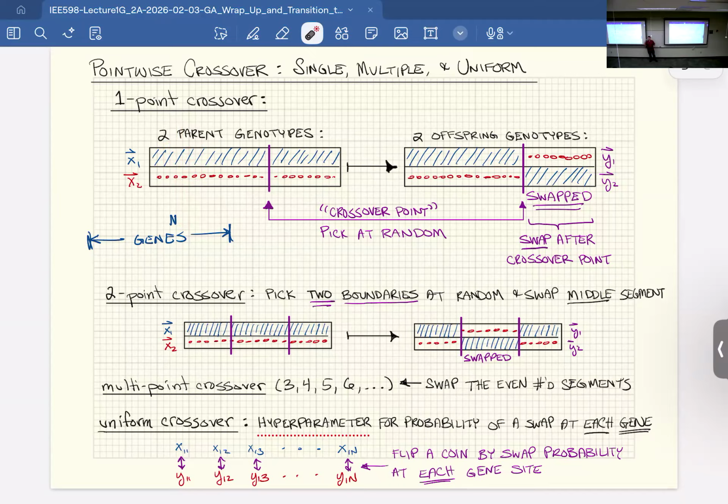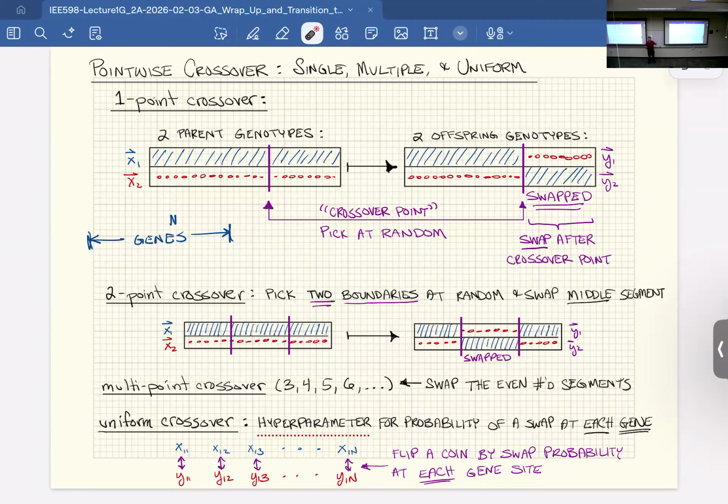And that can allow for discovering new solutions that otherwise would have been hard to find, because this string-based representation creates a coupling between alleles that may not have anything to do with each other. That's the point of crossover. And so to really mix things up, you could then go to uniform crossover, where you don't select crossover points. You have a crossover rate per gene.